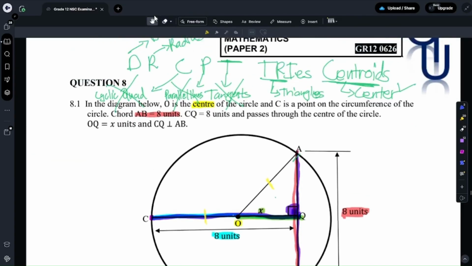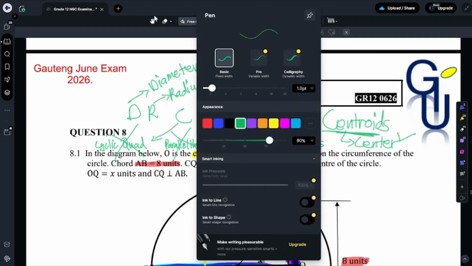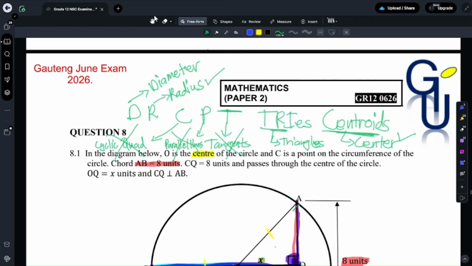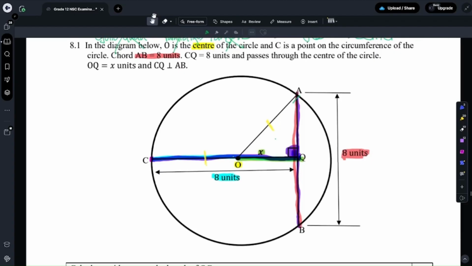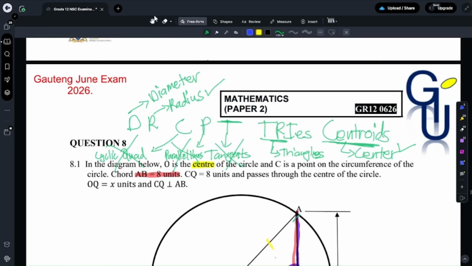Then lastly, you want to look out for a diameter. Don't forget to tick your radius. In our diagram, we don't have any diameter, so we can go ahead and cross that one out.